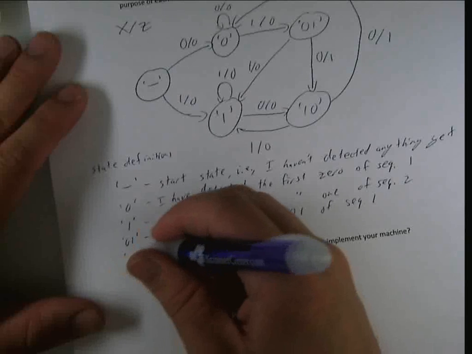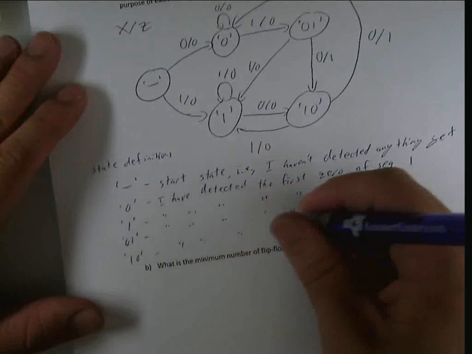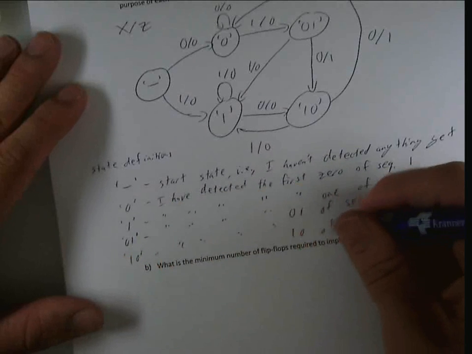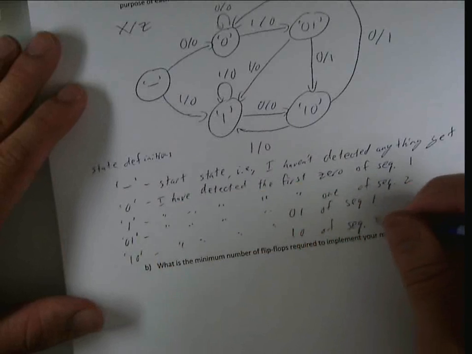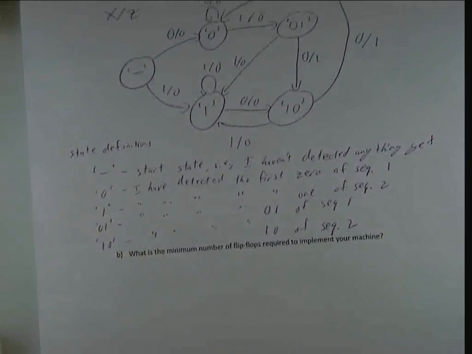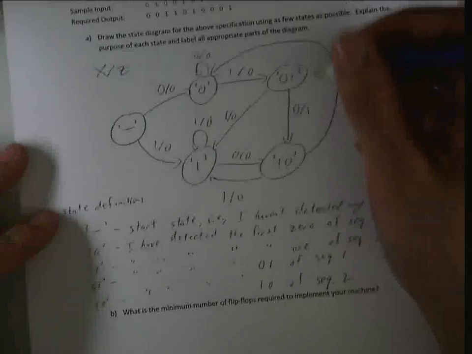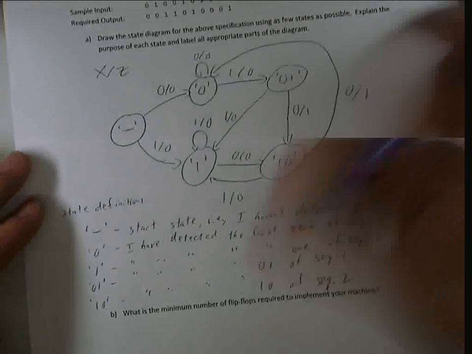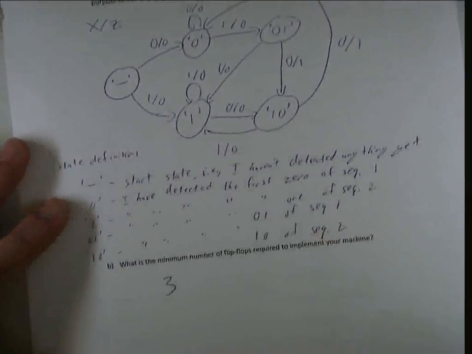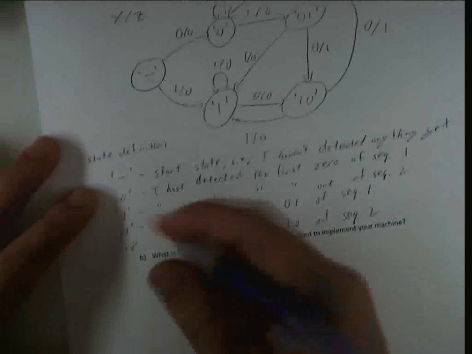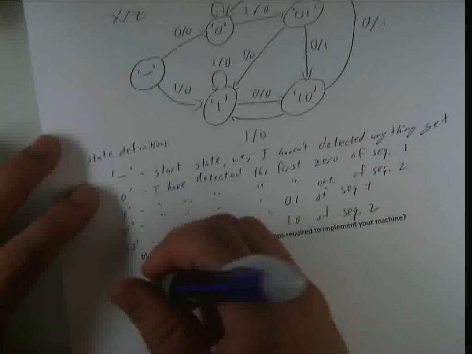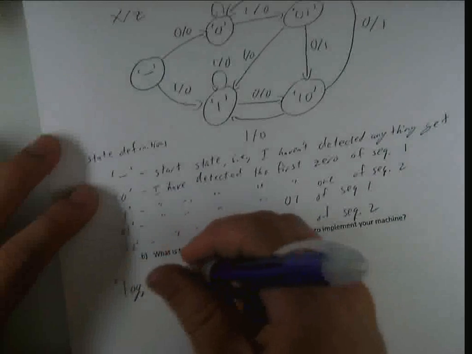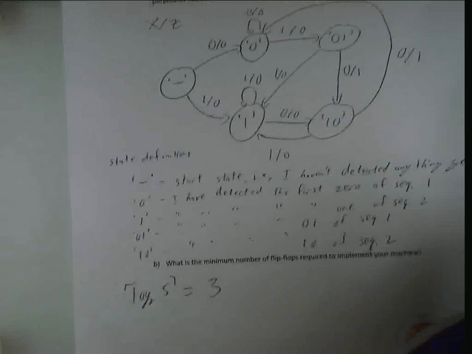And we have 1, 0, which is I have detected 1, 0 of sequence 2. So part B was the minimum number of flip-flops required to implement your machine. Well, log base 2 of 5 is 2 point something. We round up to 3. So this is log base 2 of 5 equals 3.